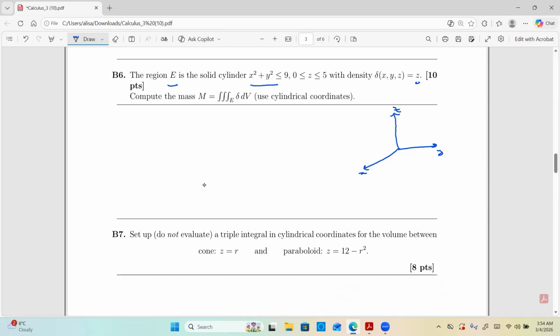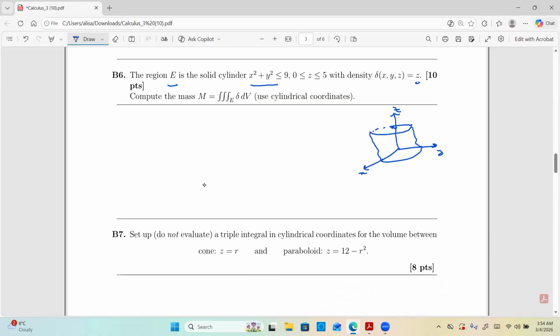So in the xy plane, it's going to be the circle of radius 3 centered at 0, 0, and you're going to move that up to get the 3D version. And we're going to stop at z equals 5. So this is 5. So the picture is something like this.